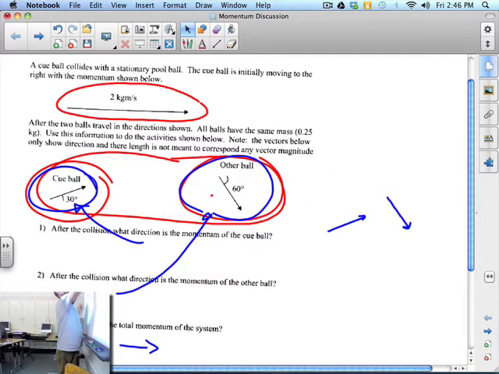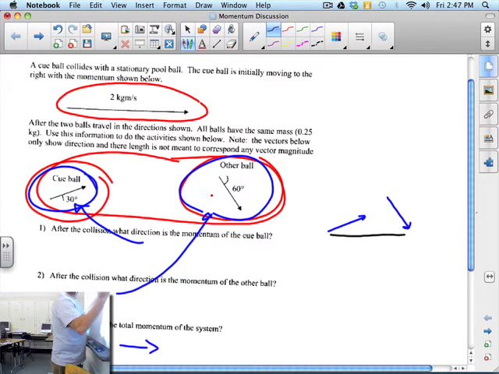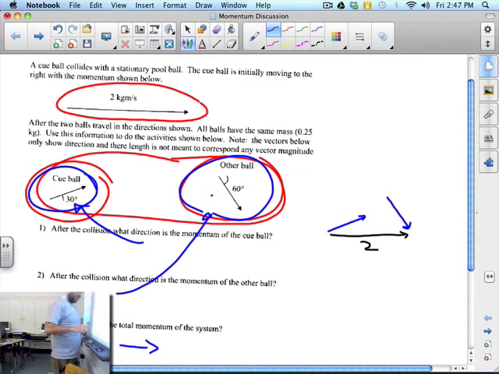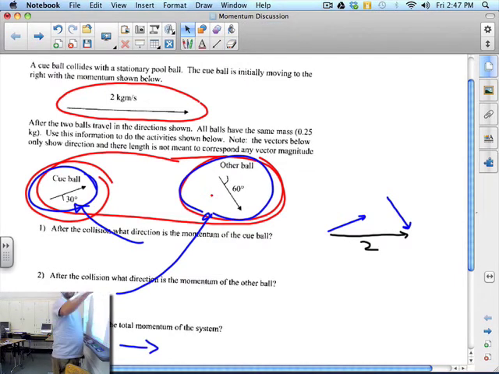And this vector is facing that way, so I'm going to draw it that way. And I'm going to label it 2 kg meter per second. That vector has to be 2. You know what? I'll just make life simpler and just label the number. If that vector is 2, and these have to add to it, can I now adjust the lengths maybe like that?